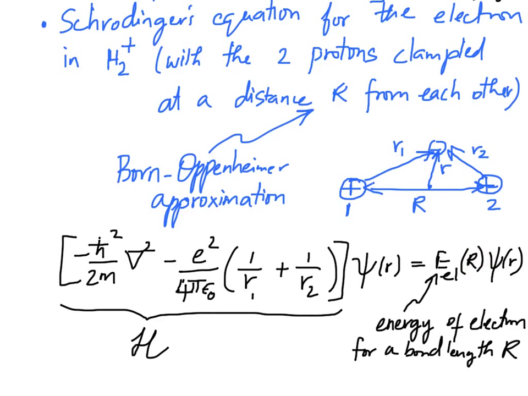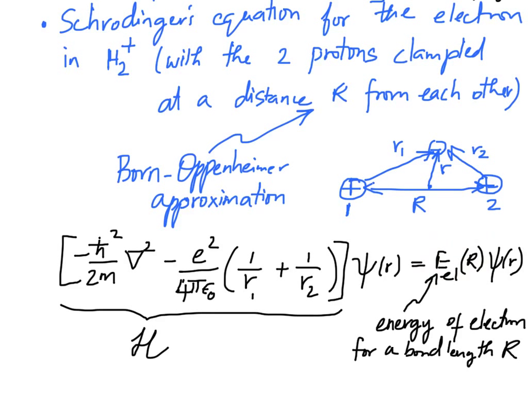So this is the electronic energy, which is a function of R. So for each choice of capital R, this equation can be solved, and you will get the energy of the electron for that choice of R. So good, we have a scheme here to compute the energy of our electron for a fixed position R.